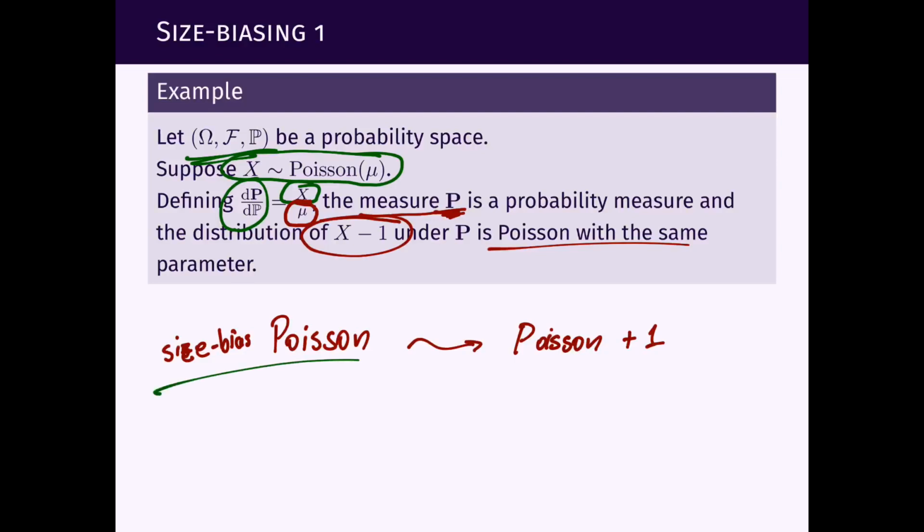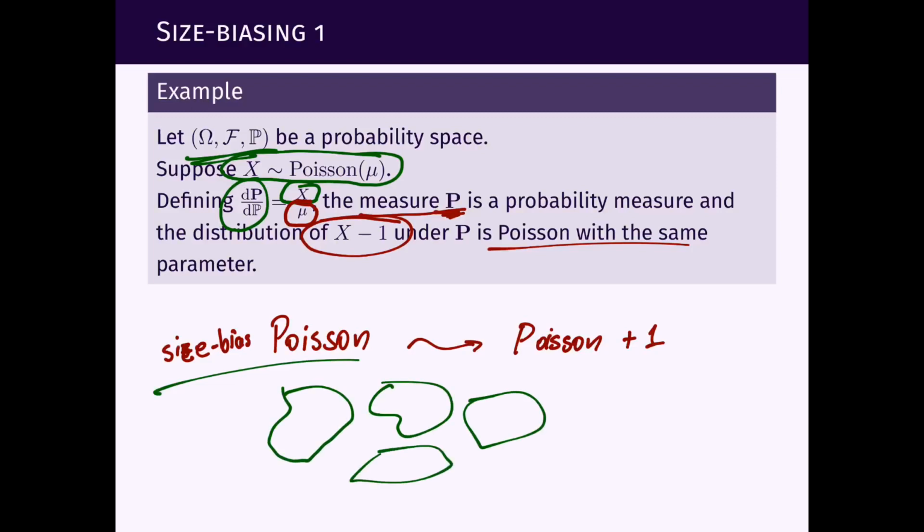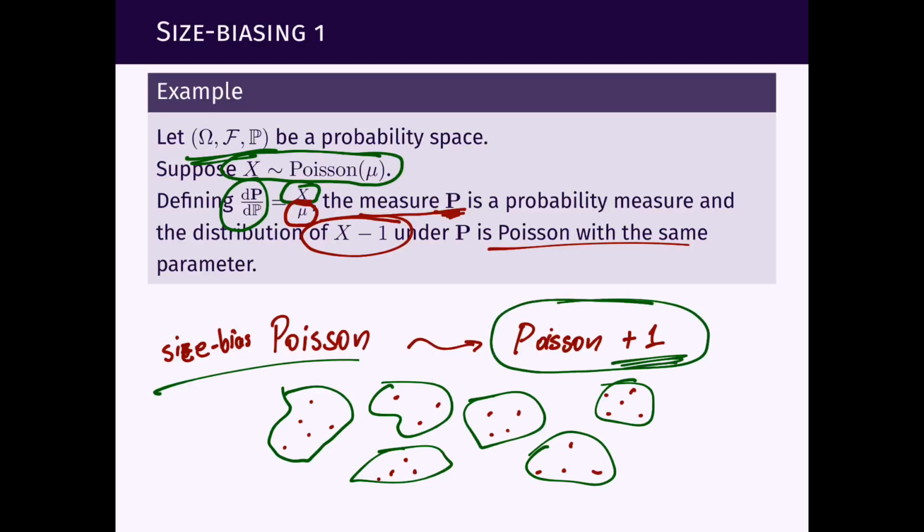So if we are sampling, we take many sets that we can sample from, and each set will have a Poisson number of whatever objects come inside them. Then if we sample one of these sets, but now biased by the number of points that they contain, what we get has distribution Poisson plus 1. Of course, we can never get anything with 0, but what is not at all obvious is that if we subtract 1, we are back to Poisson.